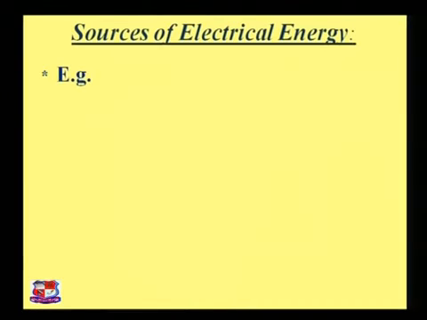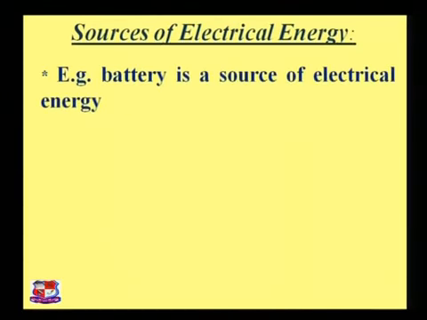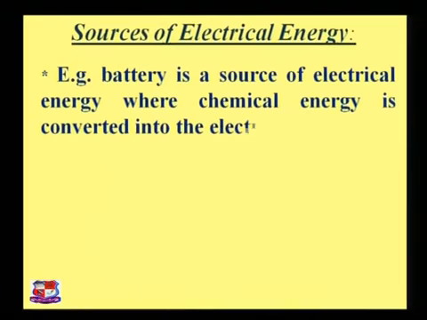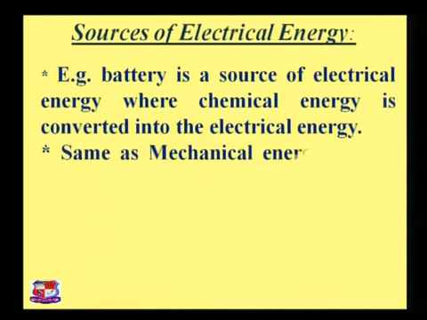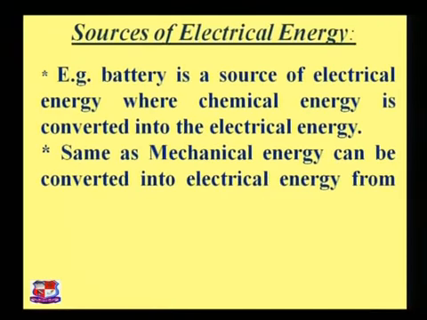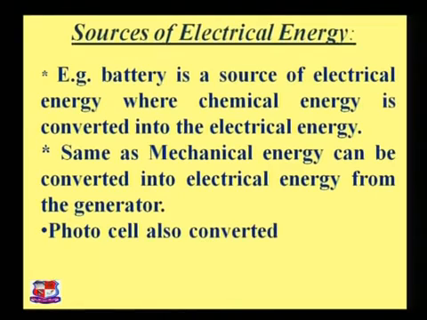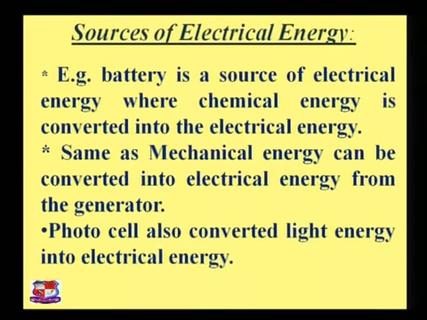Some sources of electrical energy are, for example, a battery, which directly gives us electrical energy from chemical energy, where two electrodes, one positive and one negative, undergo a chemical process and we get electric energy.